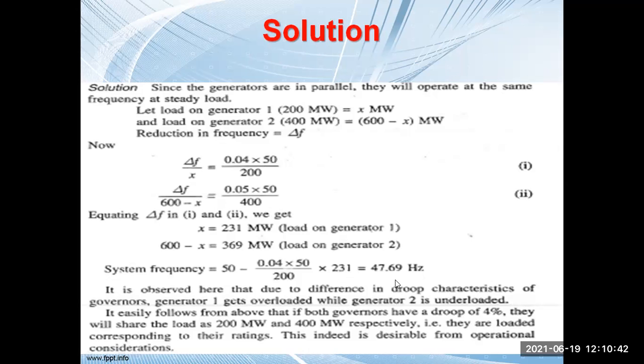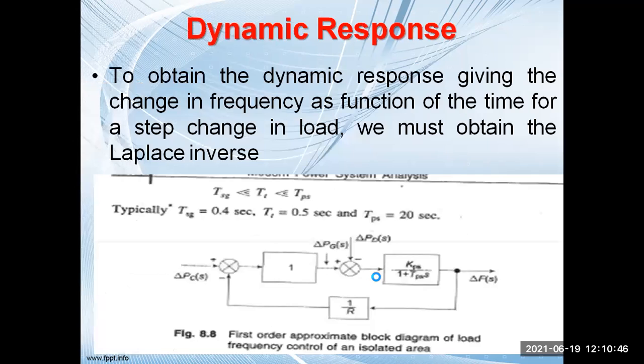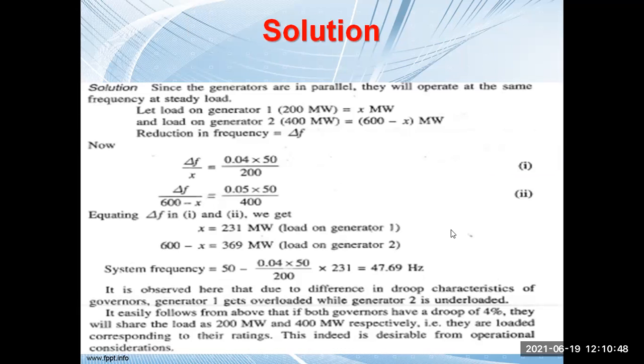Okay. Now the same thing you can calculate if you have the droop of 4%. So now you please calculate what is the value of this X, means sharing of the generator. If the droop is 4%, quickly you calculate.